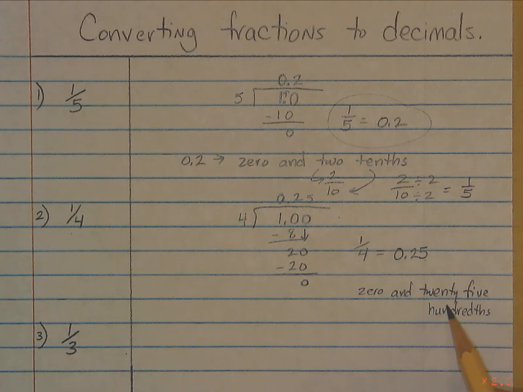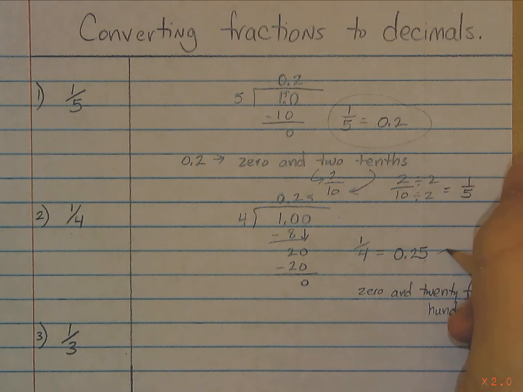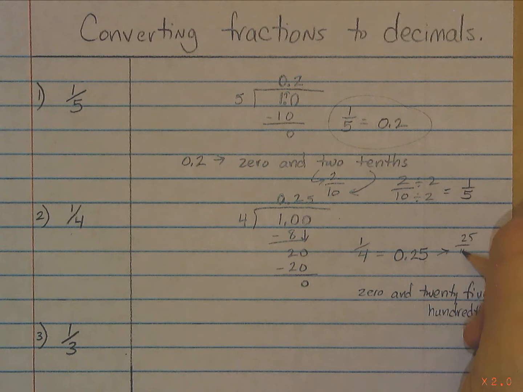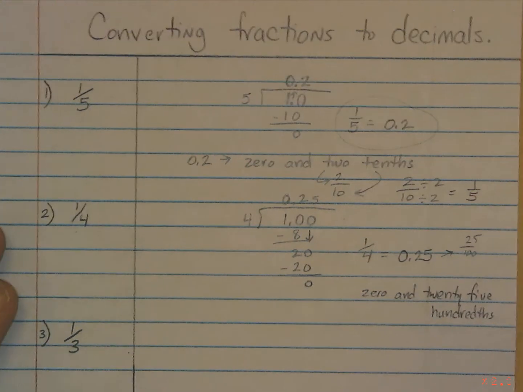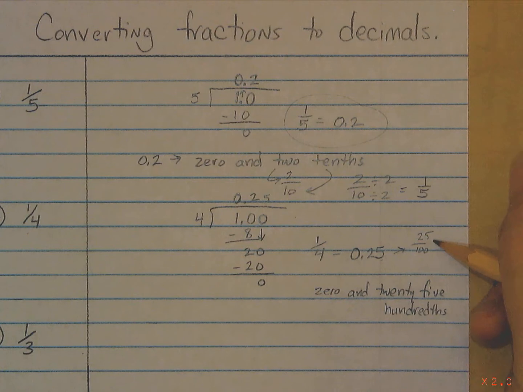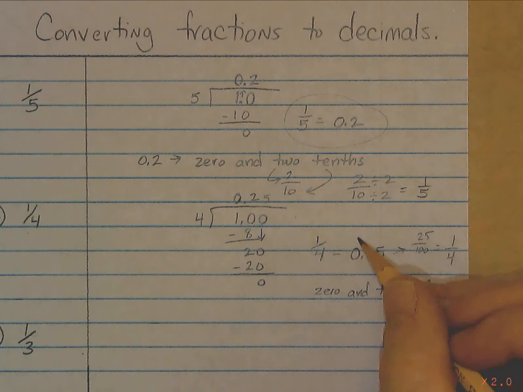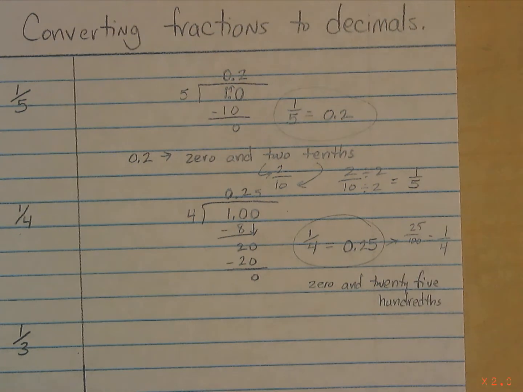So if you read it as a fraction, you see it says 25 over 100. And in lowest terms, if you were to simplify that, if you divide this by 25, divide this by 25, you get 1/4. You go back to the main fraction. So again, 1/4 equals 25 hundredths, or 0.25.